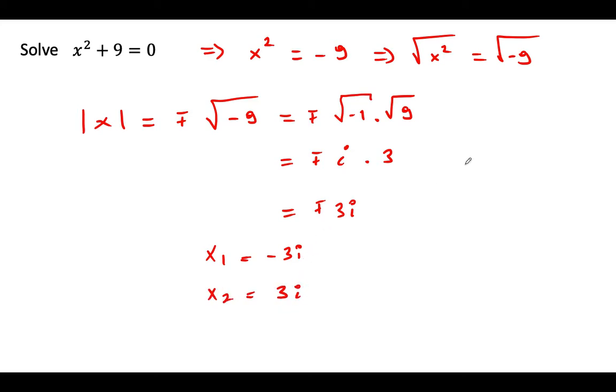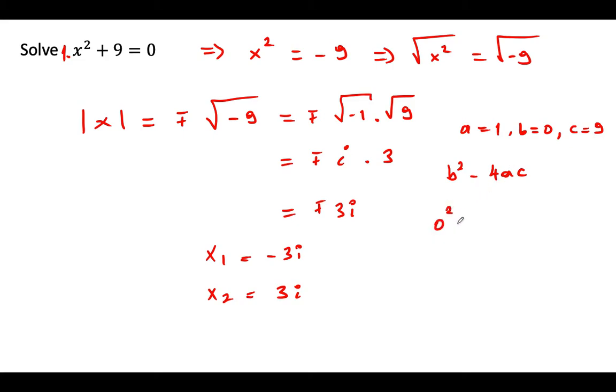We have two solutions. By the way, by using the quadratic formula, we can find the discriminant, b squared minus 4ac. For the given question, a is 1, b is 0, which is the coefficient of x, and c is 9. So what will be b squared minus 4ac?